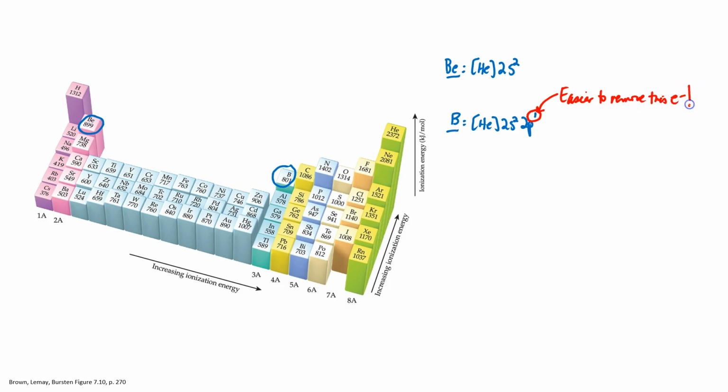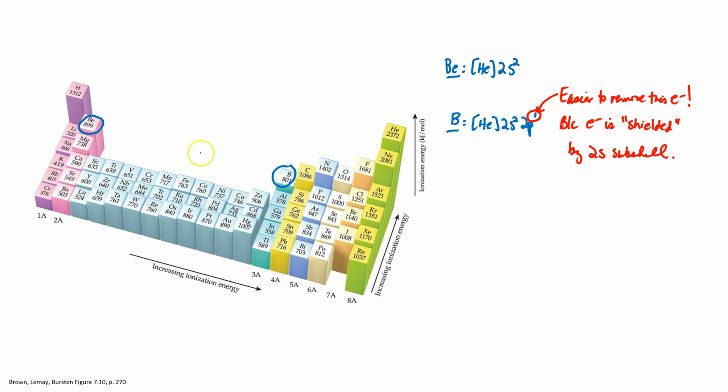It's easier to remove this electron because this electron is shielded by the 2s subshell. So that's why there's an exception here.